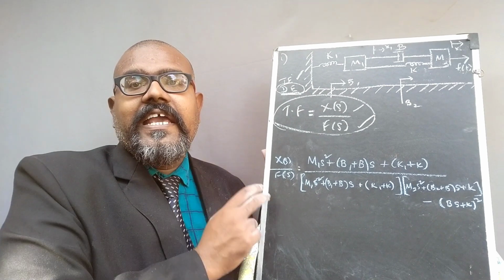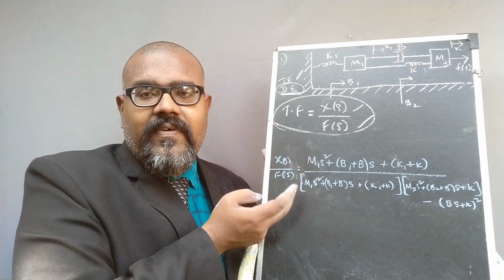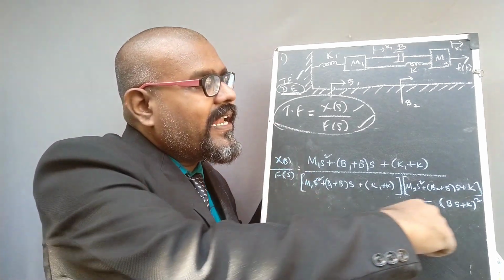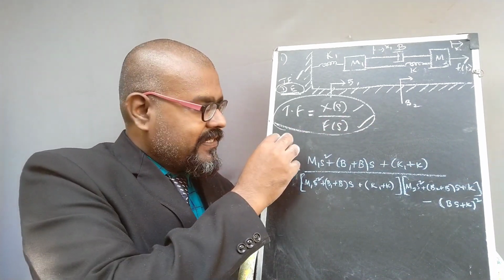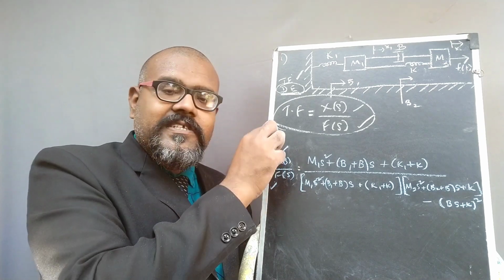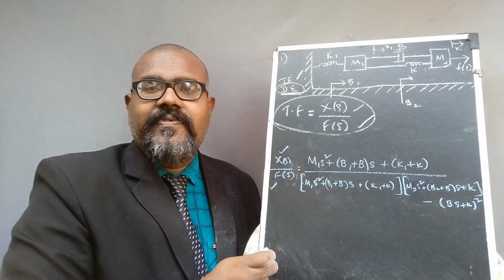This is the final equation you got. Once you substitute the value of X of s and F of s, we got the final equation like this. This is the transfer function: output is the Laplace transform of output divided by the Laplace transform of input. This is the final response we got.